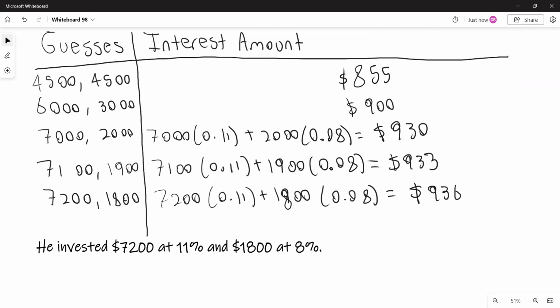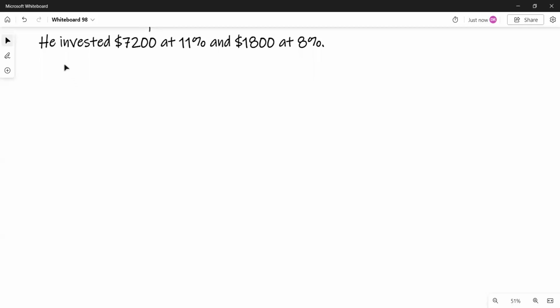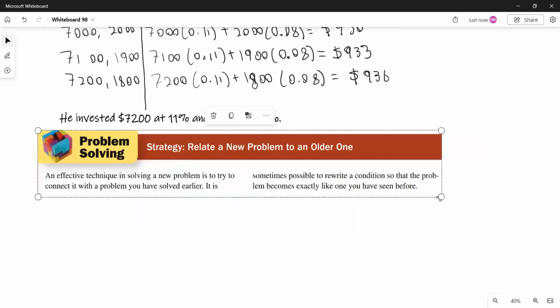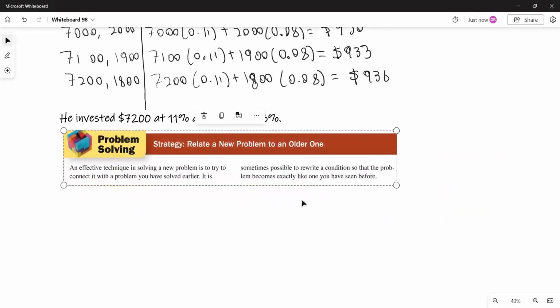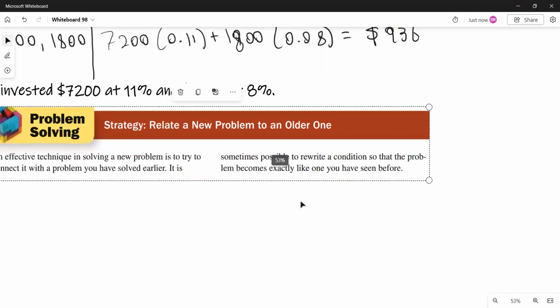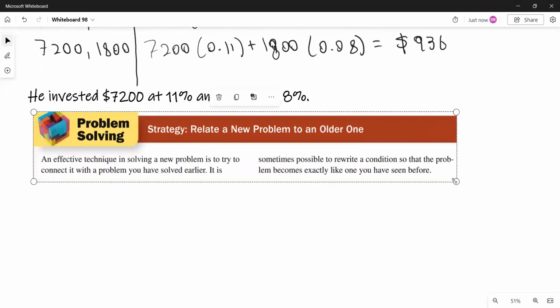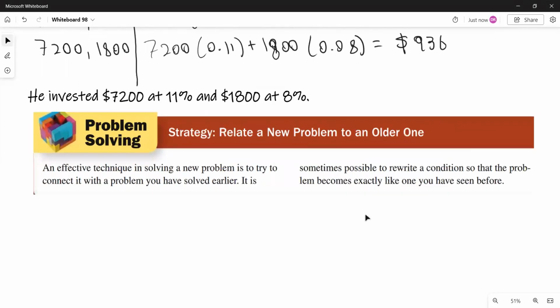Strategy number 7 is to relate a new problem to another one. Okay, an effective technique.